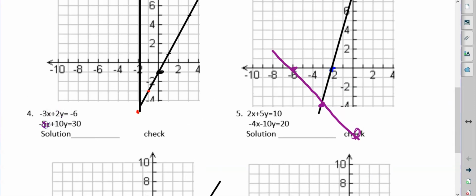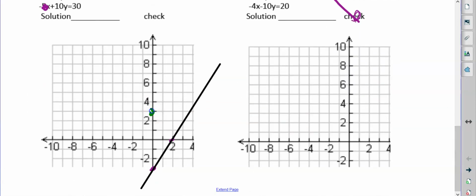Cover up that, divide by 10, y is 3. Cover up the y, divide by negative 5, x is negative 6.